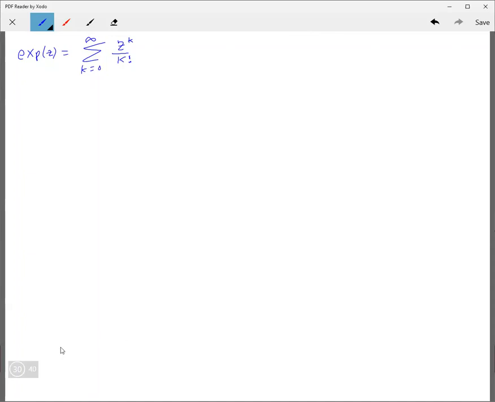I want to put a note here at the bottom. You're allowed to give, as an answer, the first 4 non-zero terms. So you don't have to write it out like this.